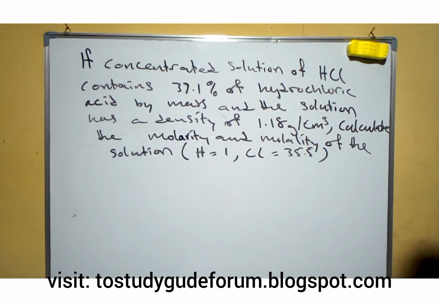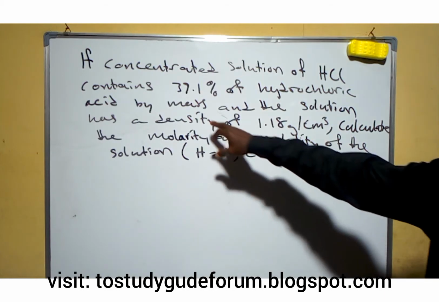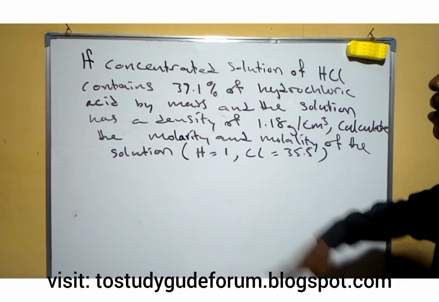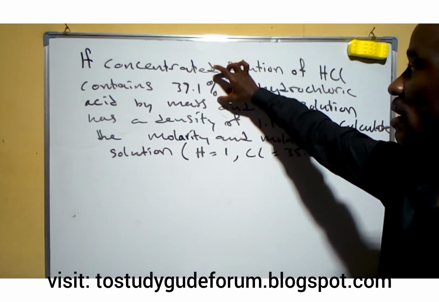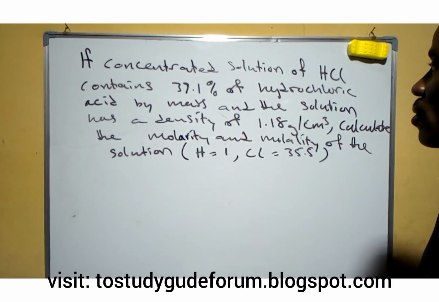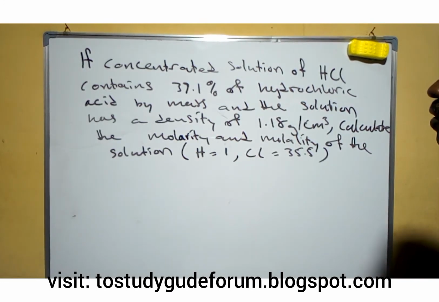So now, before we go ahead, you know that since we are talking about by mass, and in that mass we have 37.1% of hydrochloric acid.